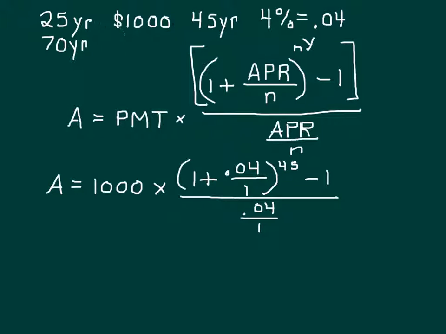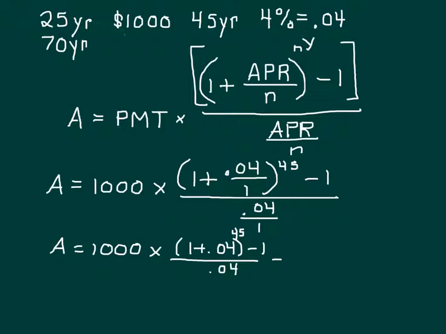And that works out to be, let's see, the amount is equal to $1,000 times, now when we have 1 in the denominator of a fraction, and we have this in two places, the 1 can just go away. So that's just like 1 plus 0.04 raised to the 45 minus 1 all over 0.04.